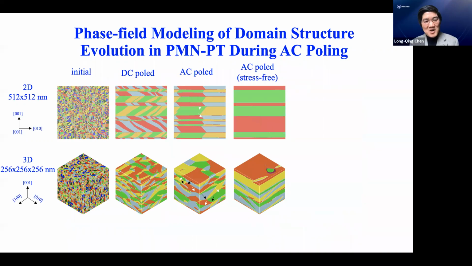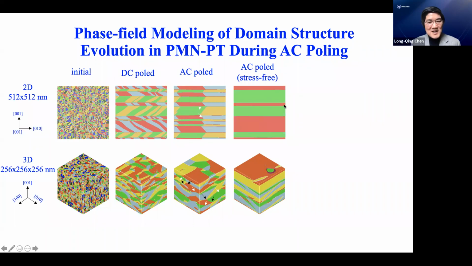Now with AC poling, there are only very small, well, because here we still have a set of domain walls. We use periodic boundary conditions and we constrain the crystal. But now if we let the crystal be stress free, all the slanted domain walls actually disappear.